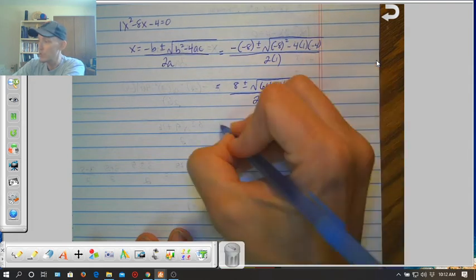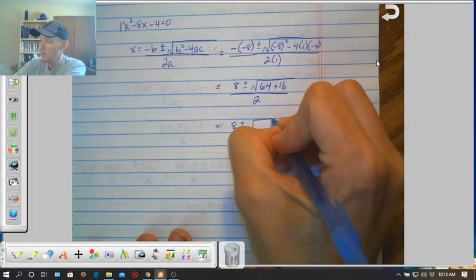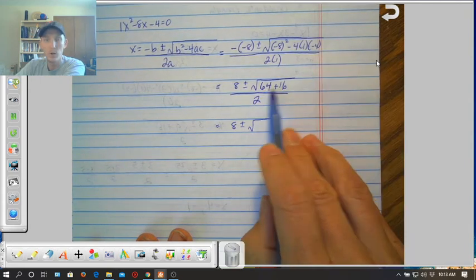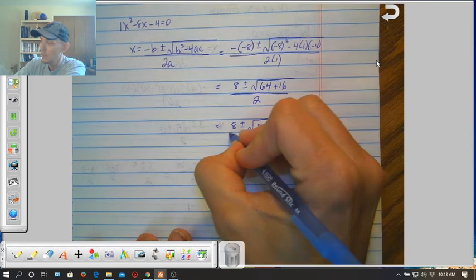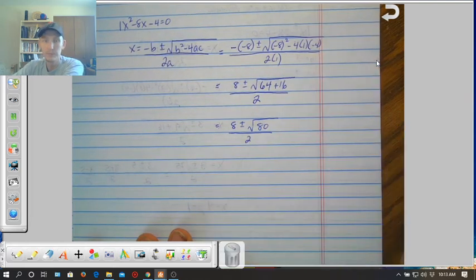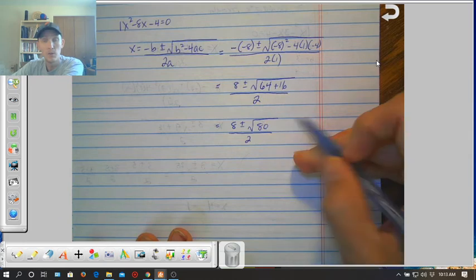Okay, so let's continue to simplify. 8 plus or minus the square root of 64 plus 16, which makes 80, all over 2. 80 is not a perfect square, so I now need to simplify the radical.